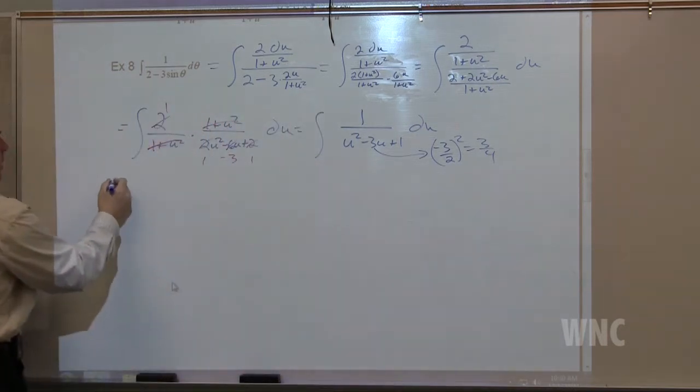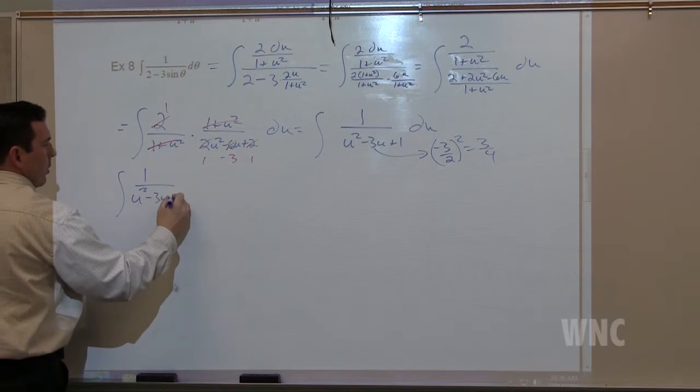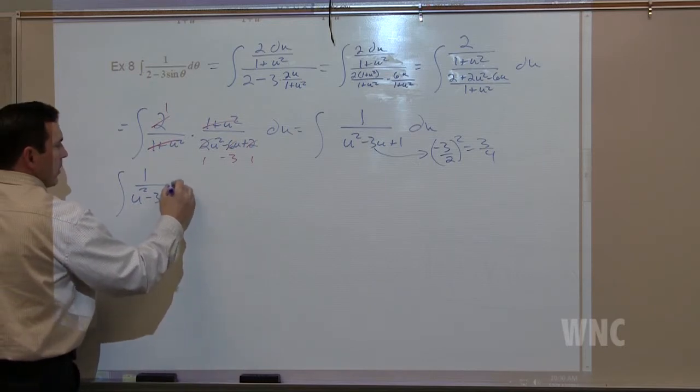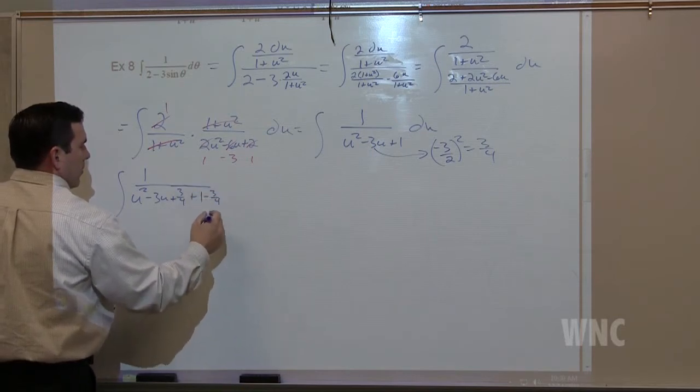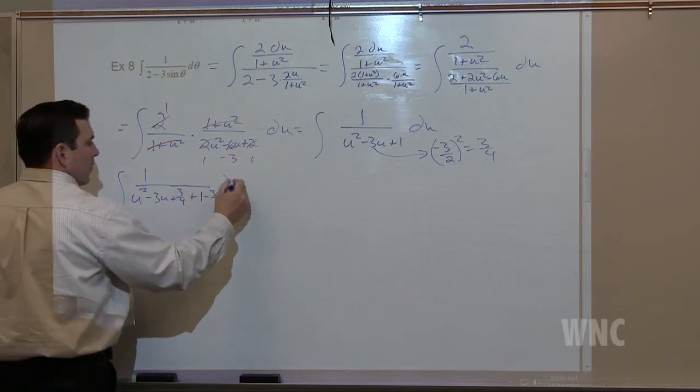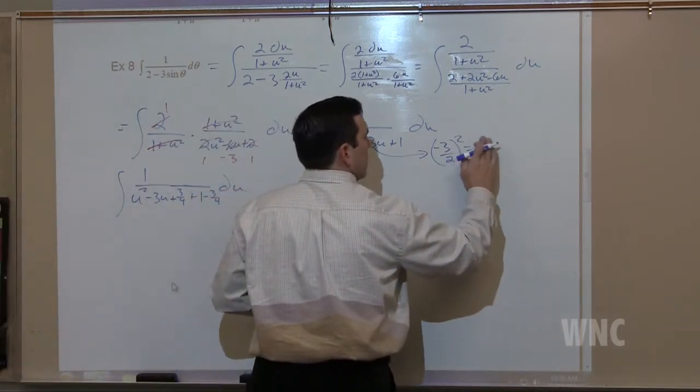So we're going to have the integral of 1 over u squared minus 3u plus 9/4 plus 1 minus 9/4.